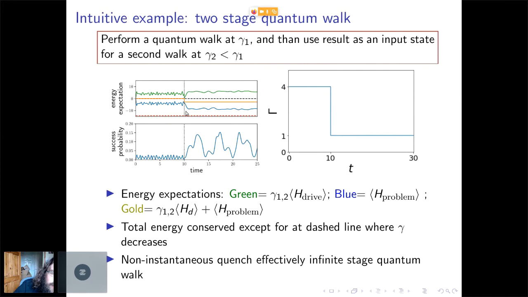But then when you do this, more energy goes back into this driver portion of the Hamiltonian. And that means your expectation with your problem Hamiltonian goes down further. And in this case, the success probability went up. One thing I will say is nothing about what I've said here guarantees that your success probability will increase.